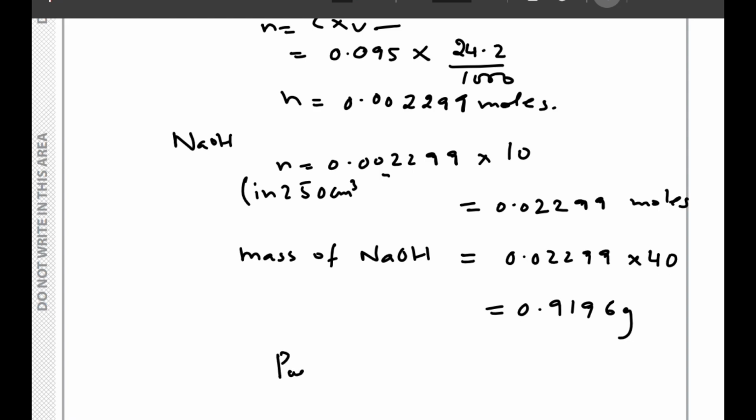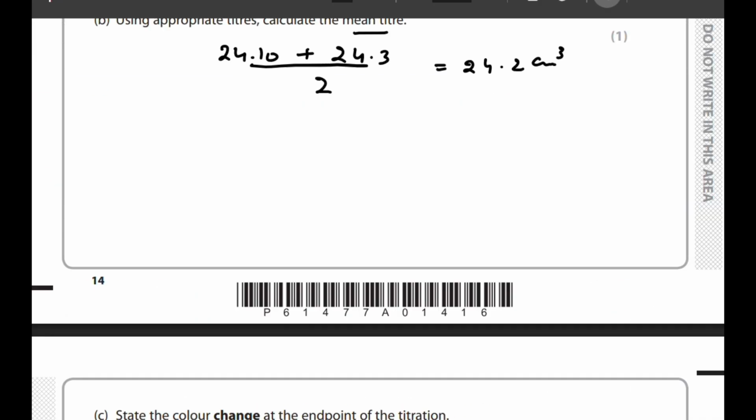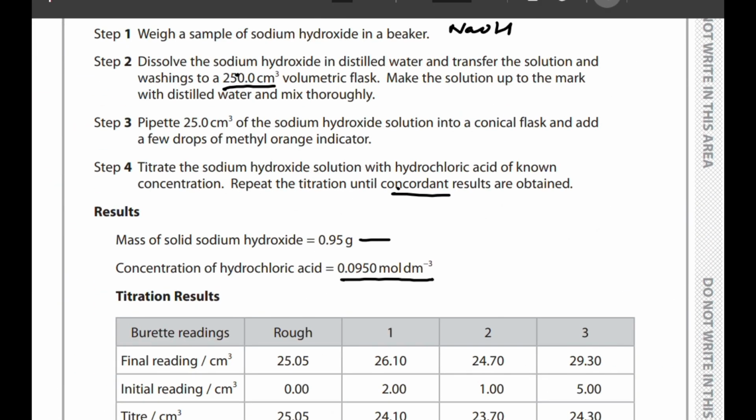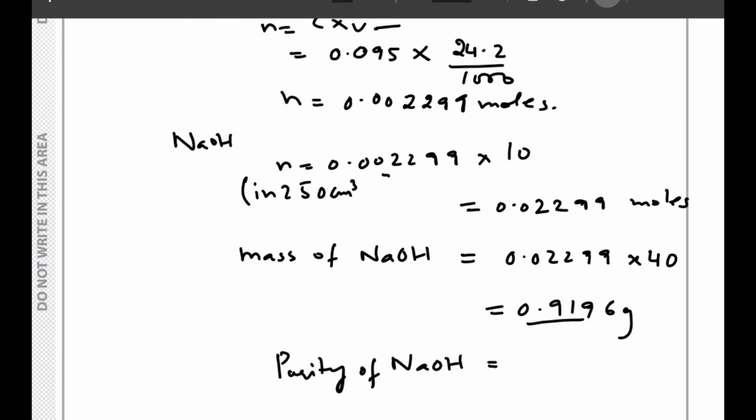Now, how can you find the purity of sodium hydroxide? If you go back to the question, you can find the mass of solid sodium hydroxide given here, which is 0.95.